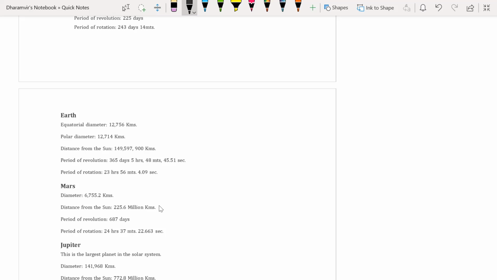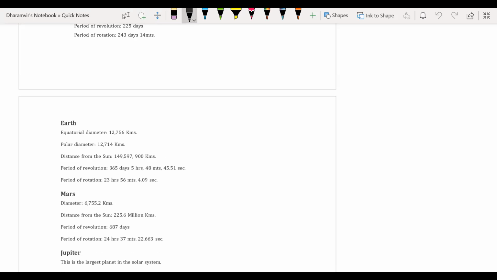So here, what is the revolution and the rotation? Rotation refers to an object's spinning motion about its own axis. If any object revolves around its own axis, like the Earth, that is 23 hours, 56 minutes, 4.09 seconds.